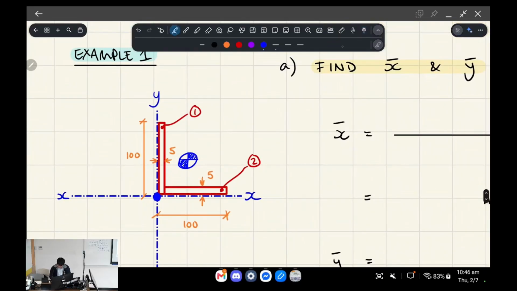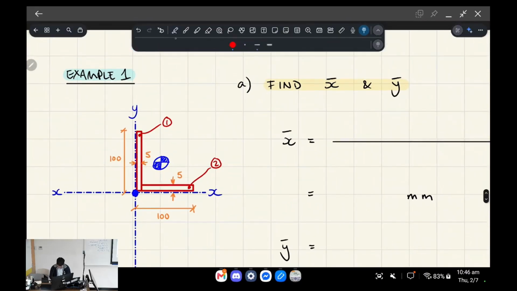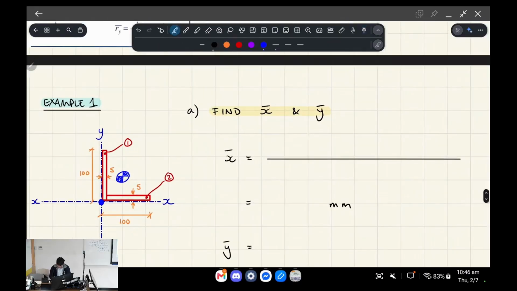Okay, so as long as you don't double count the way that you've split up your shape, you'll get the same answer. Okay, so for shape 1, the overall formula which we're concerned about when finding the x-centroid is the sum of the area multiplied by its x-coordinate over the sum of the area, and we have to sum this for all of the elements, okay? We've only got two elements, right? So we'll do the area of the first element, right?